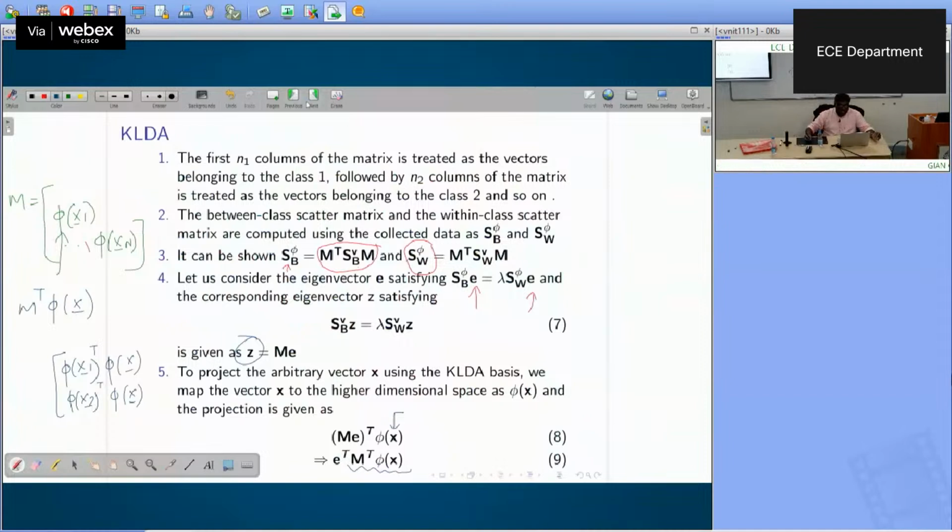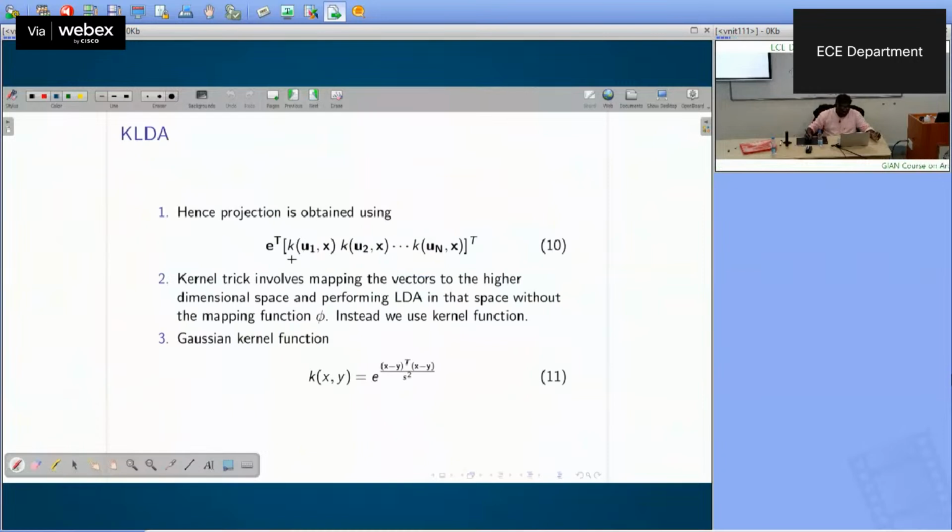What I am really saying here is that still you don't want phi. That is the point I want to highlight. Still you don't want phi. You want only K again.